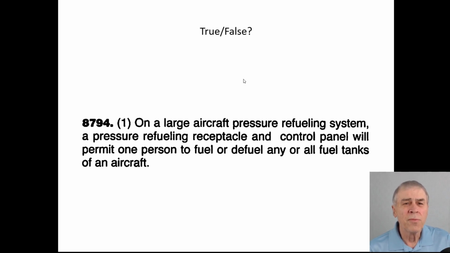True or false? On a large aircraft pressure refueling system, a pressure refueling receptacle and control panel will permit one person to fuel or defuel any or all fuel tanks of an aircraft. Well, you can imagine that is actually correct, and we just saw the one person on the truck.